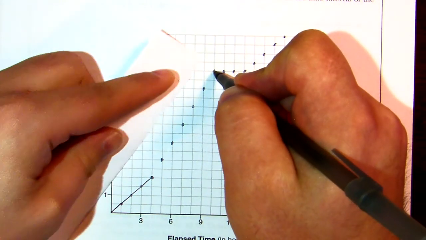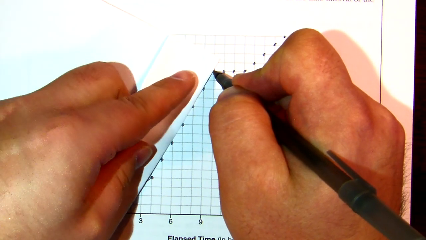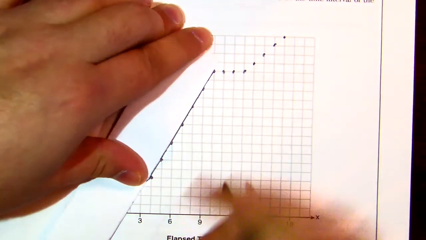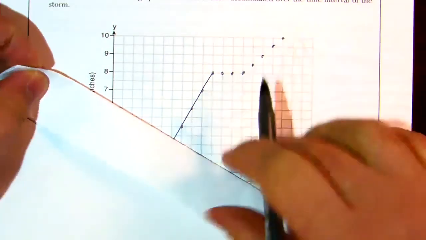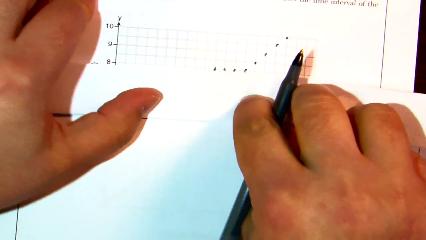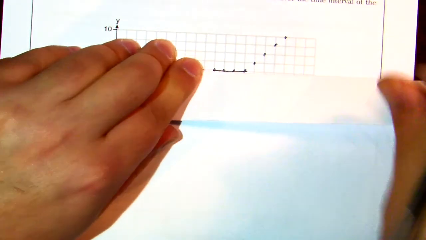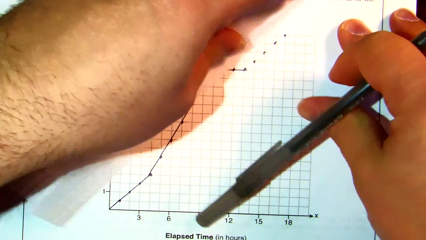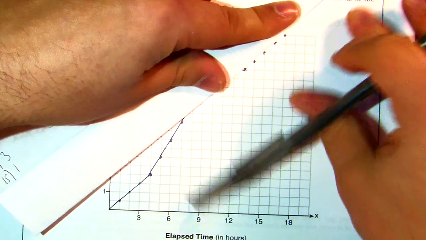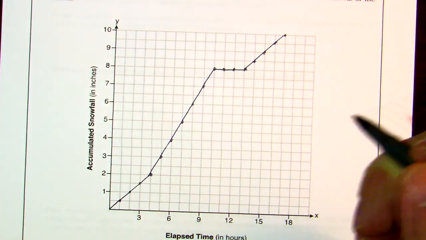Then we're going to go from here up, then straight across, and then again this way. Alright, so that's what it looks like.